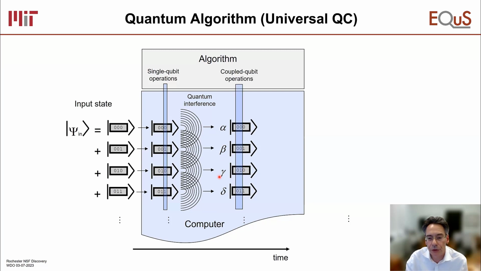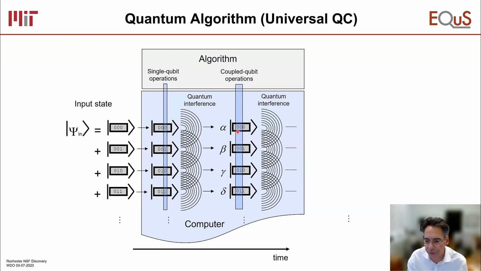Now, we also have 2-qubit gates, or coupled qubit gates as they're called, of the type we just saw, like CNOT, where the state of 1 qubit impacts what happens to the 2nd qubit. But again, it's a single gate applied now to just 2 qubits, but it impacts 2 to the n coefficients through quantum interference, et cetera.